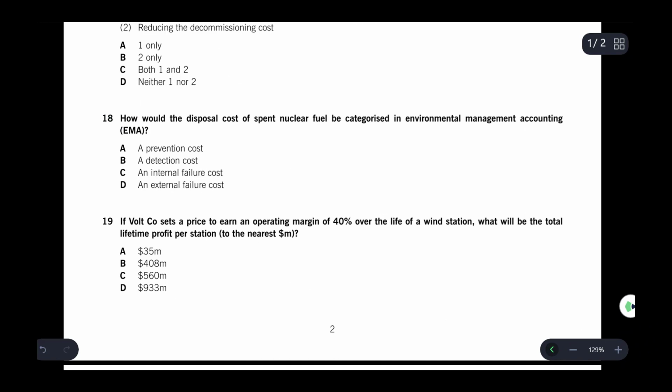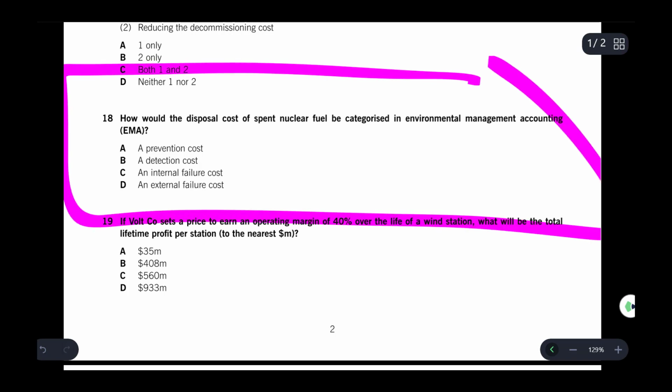Let's do question 18 together now, and we are looking at environmental management accounting, the categories of cost here. These categories are borrowed from quality costs. If we look at options A and B, prevention and detection, these are called the conformance costs, if you remember that.